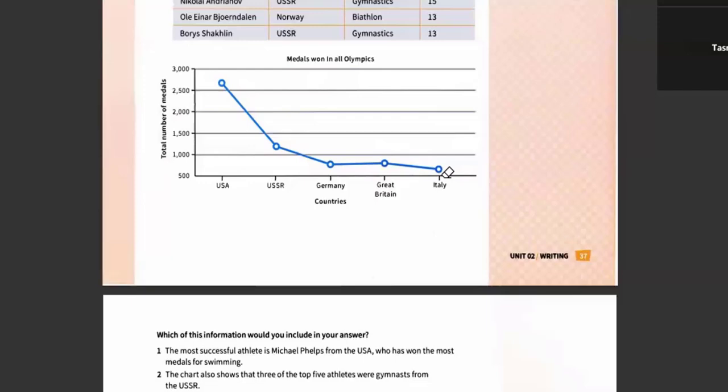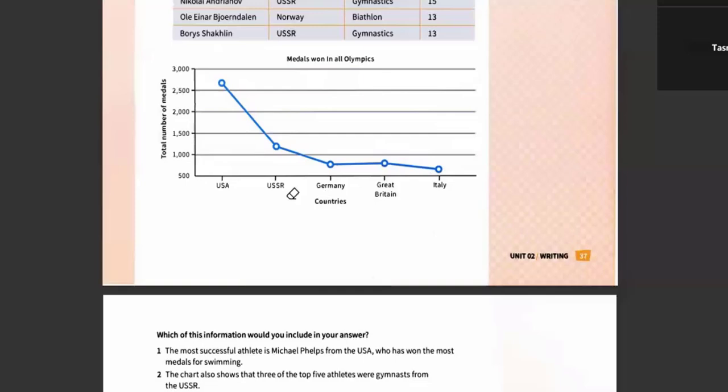So USSR and Great Britain are quite similar, you can say. But USA has a very big number of medals compared to the other two, right? So for that, you do not compare USA with these two. Rather, you compare USSR with Great Britain.